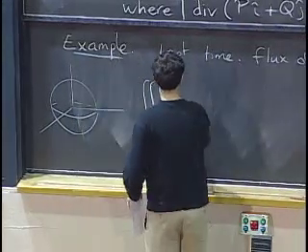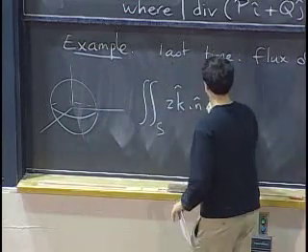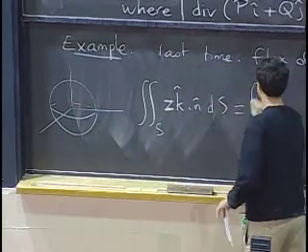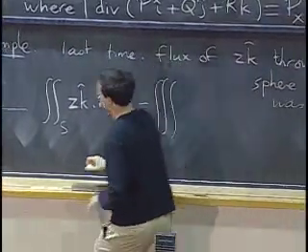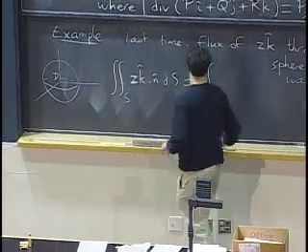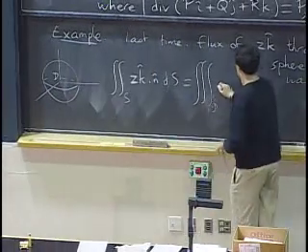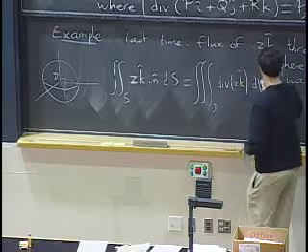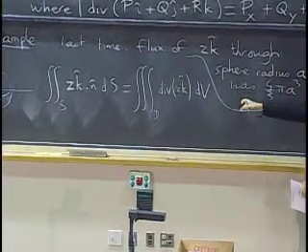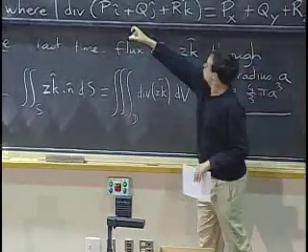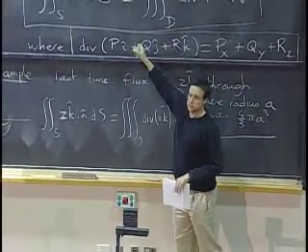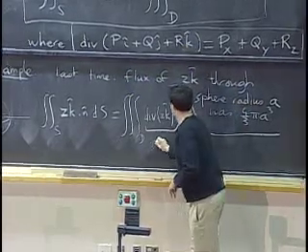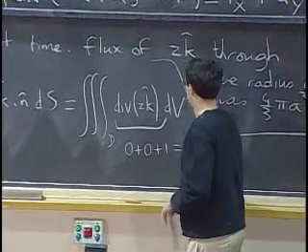So the theorem says that our flux integral can be replaced by the triple integral over the solid ball of radius a of the divergence of z k dV. But now, what's the divergence of this field? Well, so you have 0, 0, z, so you get 0 plus 0 plus 1. So it will be 1.